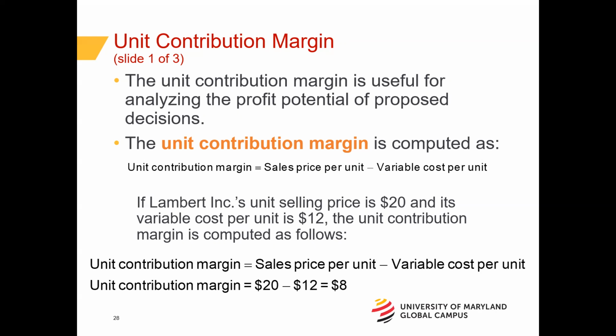Looking at our earlier example, our sales price per unit is $20. Our variable cost per unit is $12. $20 minus $12 equals a unit contribution margin of $8. So $8 is our per unit contribution margin.